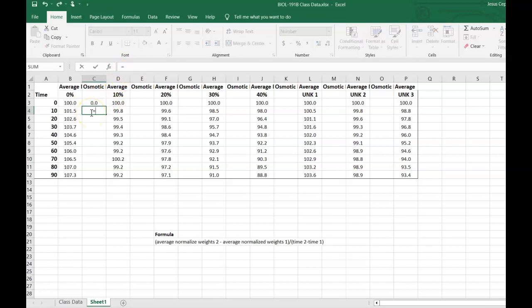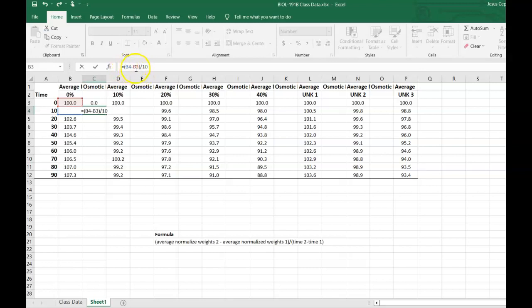So I'll put equals, B4, not E4, sorry, B4 minus the previous weight, right? Because it's weight 2 minus weight 1. So in this case, it's going to be 100. I'll close the parentheses and then I'll divide by 10.